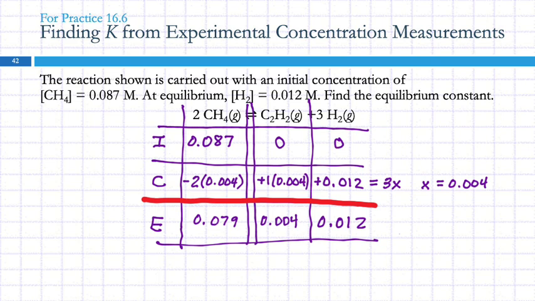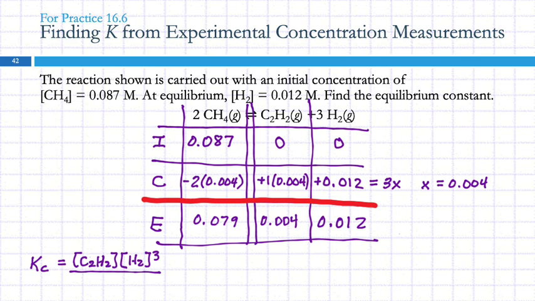So now we're going to write the expression. Kc is equal to, we got our products, oops, C2H2 and H2 cubed.